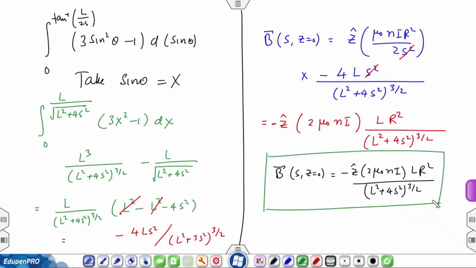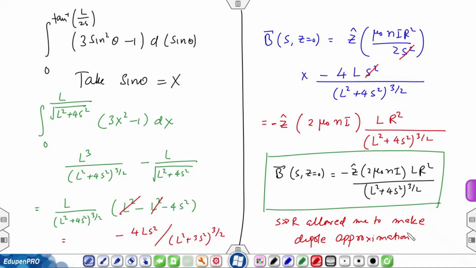You may wonder where did I use that s is much greater than R. So, s much greater than R allowed me to make the dipole approximation for each ring in the coil.